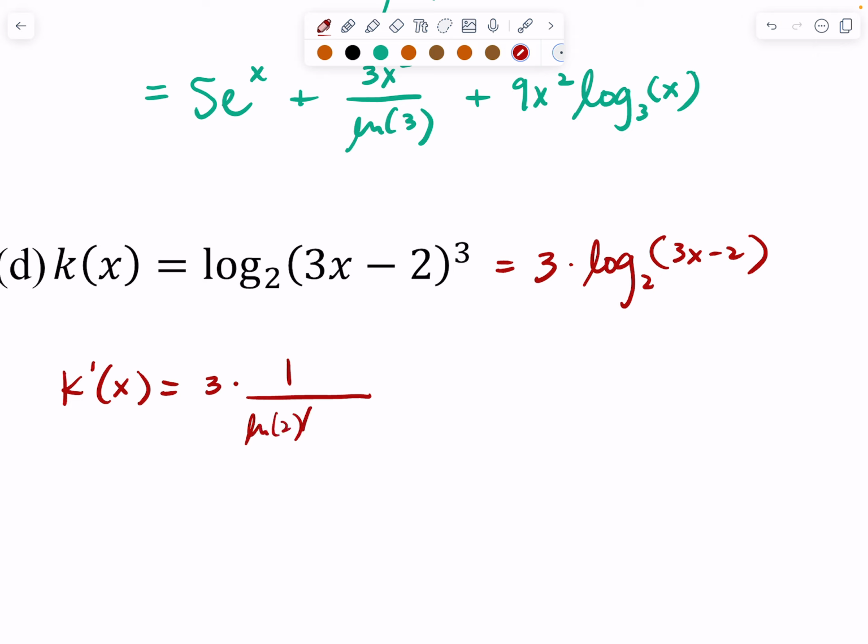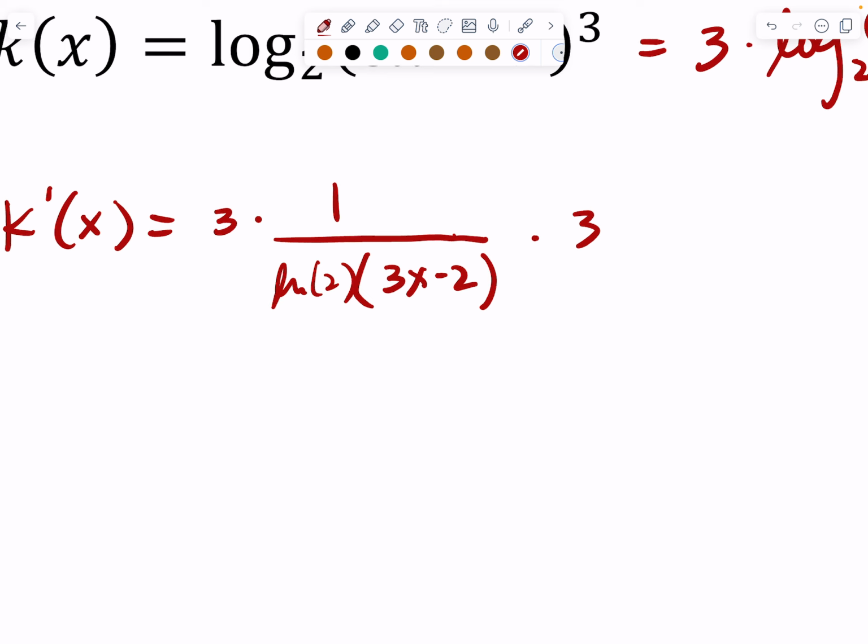Now, when we leave the inside alone, that means that the argument down in the denominator will be 3x minus 2, and then multiplying by the derivative of 3x minus 2 would be times 3. So this ends up being 9 over natural log of 2. I'll just leave factored out, of 3x minus 2.